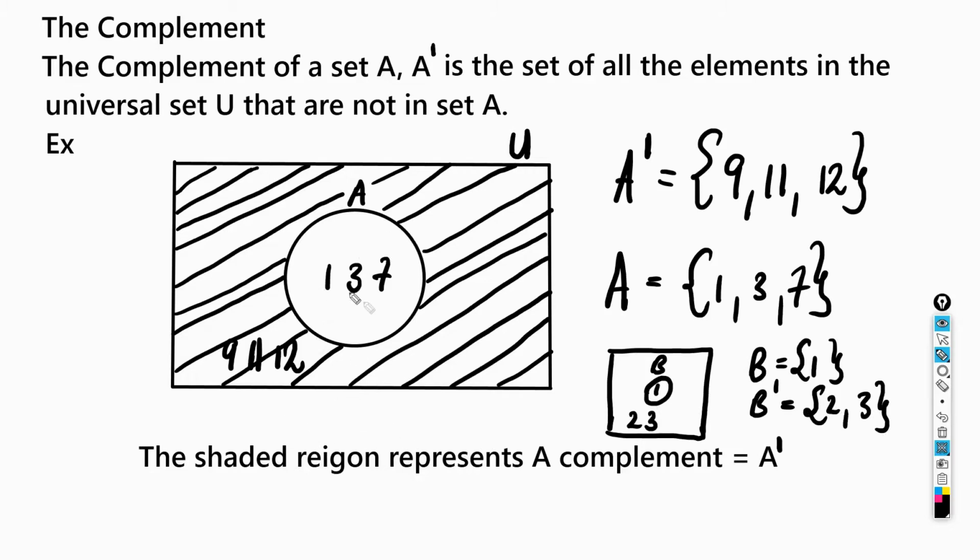The shaded region here outside of A represents A complement. So A prime is equal to the region outside of A, everything that is not in A. All right, guys? It's pretty easy to understand. Take your time and just soak it in, right? And get used to it because you're going to use this really often, okay? Cool. So let's move on now, guys, to another definition.